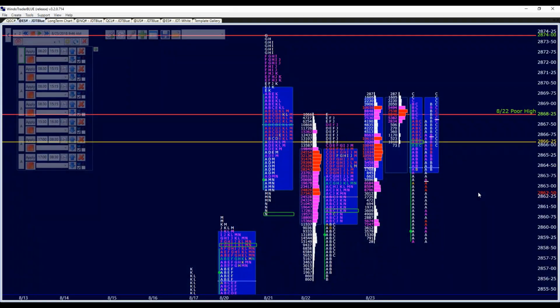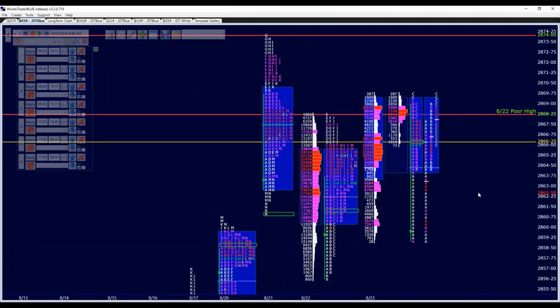The market did that. So now that the market has looked above yesterday's high and failed, the destination trade becomes yesterday's low, or the low of the 23rd. It doesn't mean it's going to get there, but that's the potential. Now we're monitoring to see, can the market go down that far?